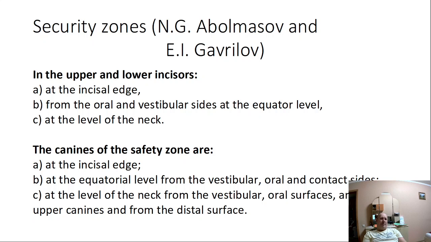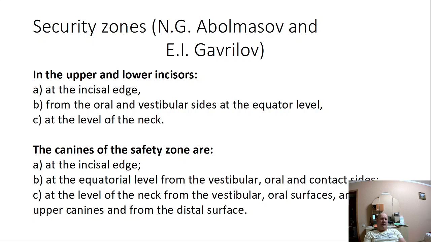Safety zones by Abalmasov. They are very, very important. You need to find it. I don't know how it's called in English textbooks, but in ours it's called the safety zones by Abalmasov.